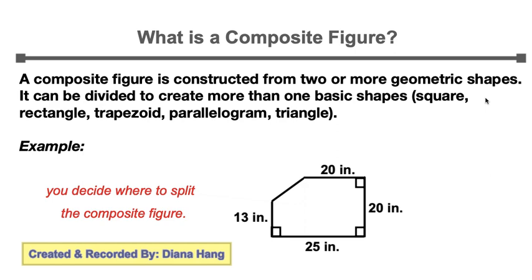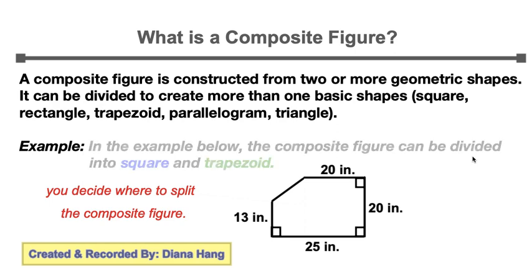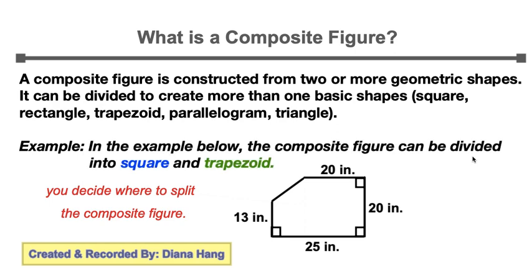It can be divided to create more than one basic shape, such as a square, a rectangle, trapezoid, parallelogram, or triangle. So we have an example here, and this example of a composite figure can be divided into a square and a trapezoid.